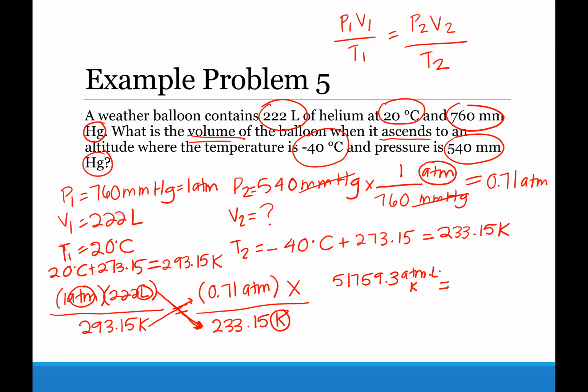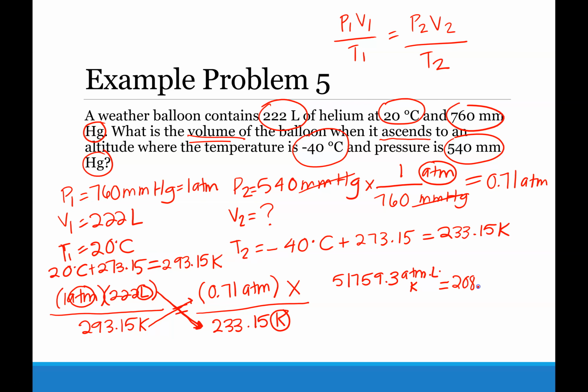Equals, we're now going to handle the other side. So 293.15 times 0.71x is going to be, so in our calculators, 293.15 times 0.71 is 208.136.